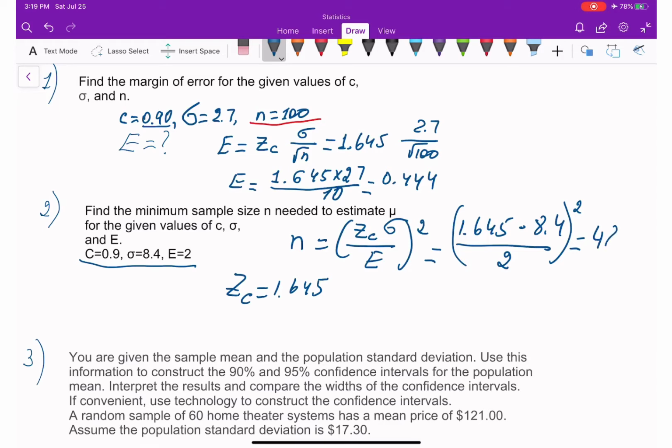Now, one thing I need to inform you, since it's a sample size, if you get, let's say, 47.01, your n, you're always going to round up to 48. This is not algebraic rounding. This is meaning-wise rounding, because if you are dealing with life existence, be it birds, animals, or humans, how are you going to get 0.1, right?